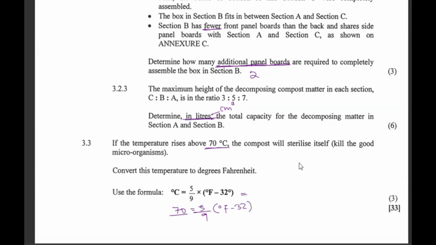So we multiply through 70 times 9, divided by 5. The F we don't know yet, but I still need to divide through by 5.